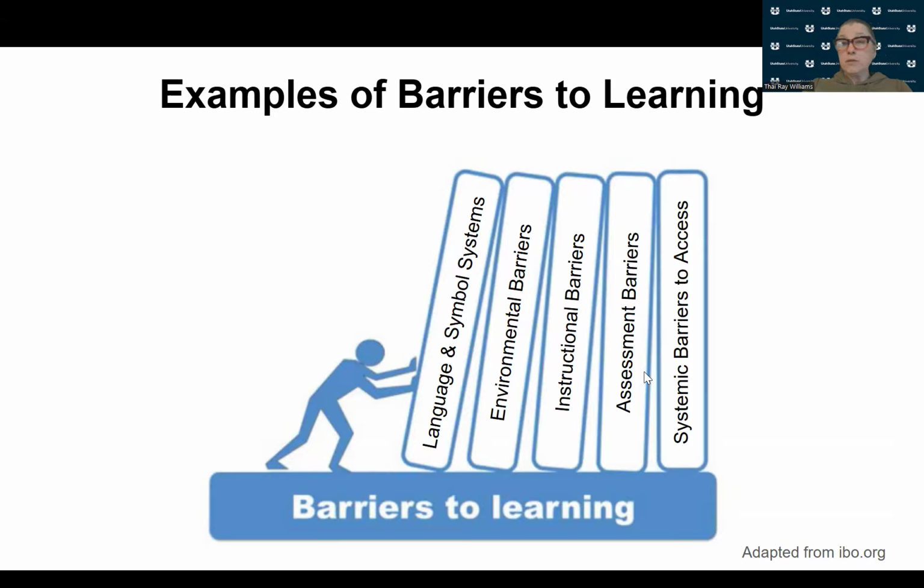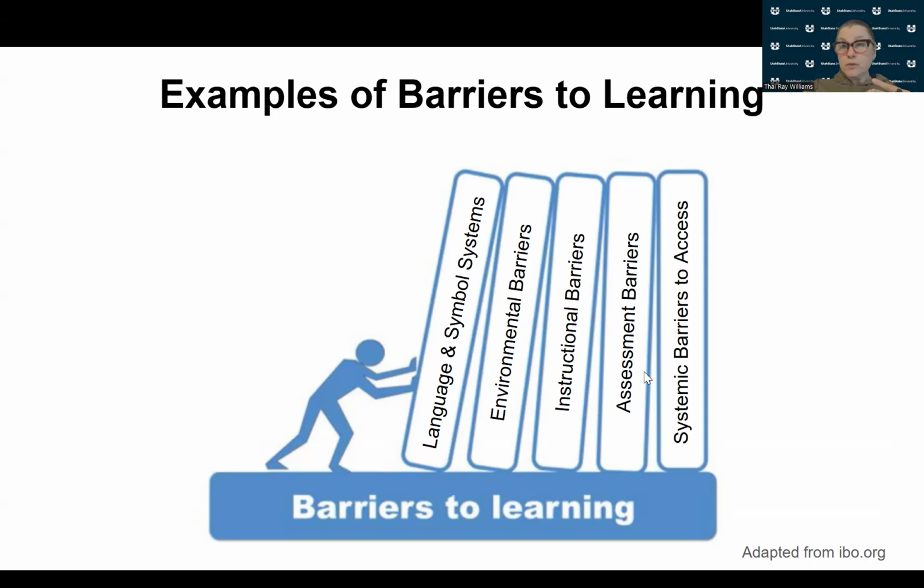If you think about students who aren't yet able to read or access reading through letters, words, sentences, and paragraphs, or students who are using picture supported text. We have to think about what those barriers are. We have to look at things like environmental barriers. Are our students able to access the sink in order to wash their hands?